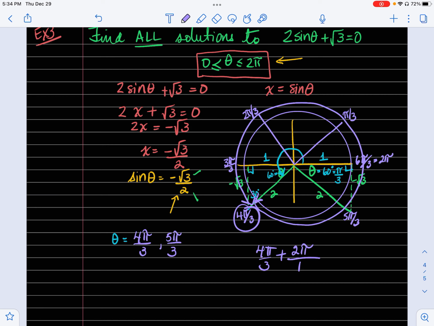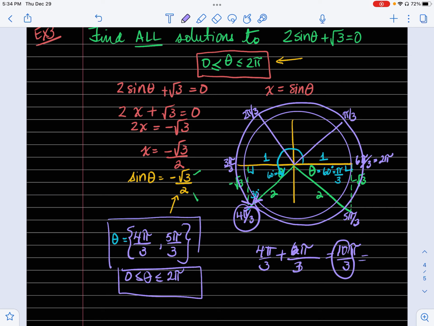This was basically 2 pi over 1 times it by 3, so 6. That will make it 10 pi over 3, and 10 thirds is clearly way more than 2. Hence, that is not in the range. So we have figured out both the possible answers under the restriction that theta must be between 0 and 2 pi. So that's our answer set. Two answers only, which is a good thing.